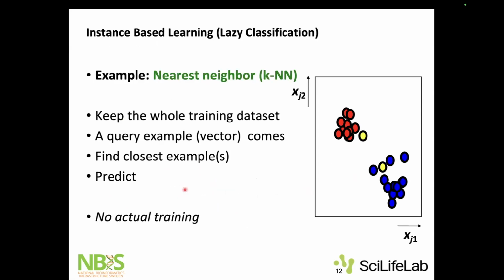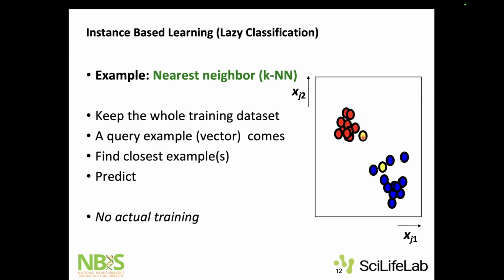One example of these classifiers is k-nearest neighbor. They're called lazy classifiers because there is no actual training there. These classifiers keep the whole training data set. When a vector of expression comes, they project it on the dimensional reduction space, and then they find the closest example.